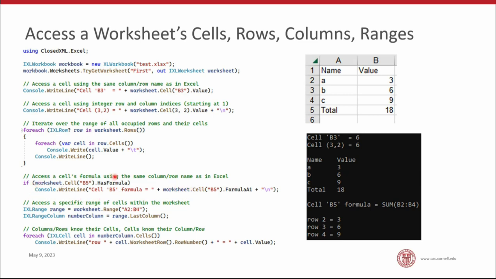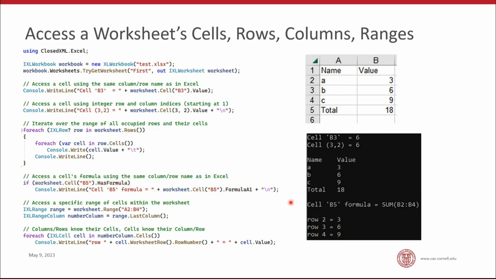Now, one of the cells in this table, as we talked about, cell B5, is an expression. So let's look at how ClosedXML deals with that. If I reference cell B5, it has a property in it called HasFormula. And if that's true, then you can use this FormulaA1 property to find out that formula. So this line of code is true.